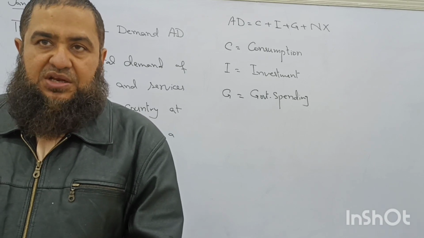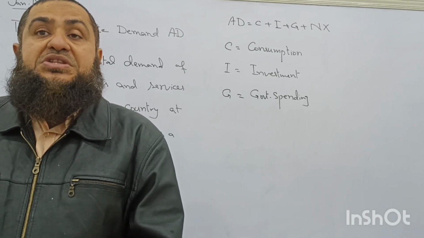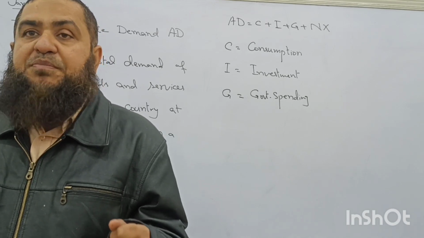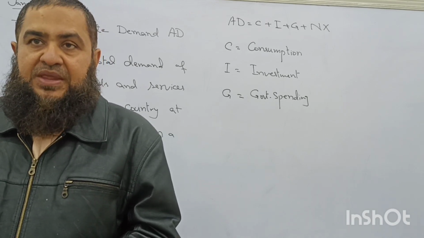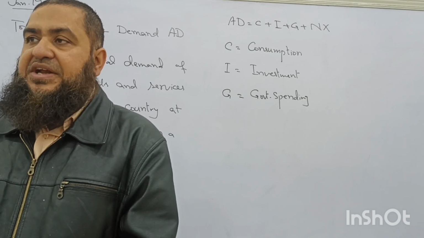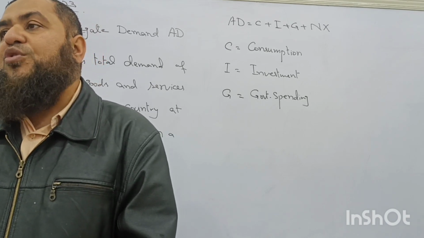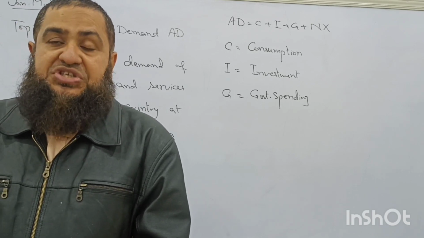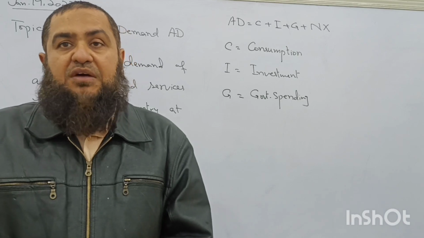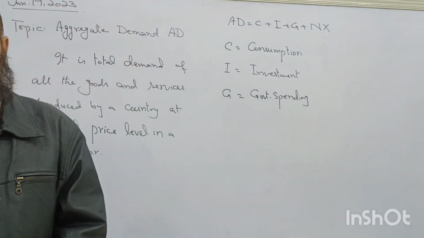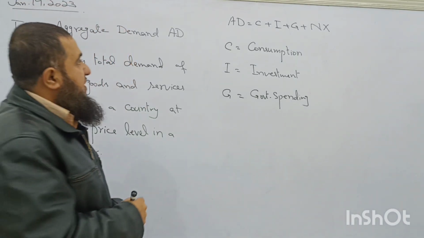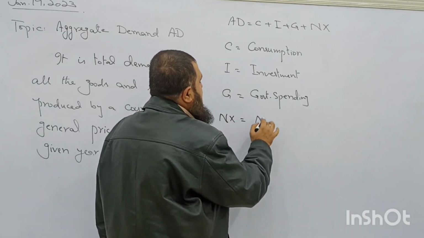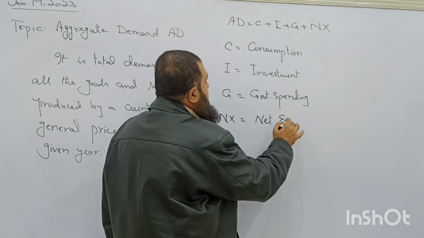These government spendings will create employment opportunities in the economy, and once employment is created, people will demand more goods and services which are available in the market. So G is also part of our aggregate demand or aggregate expenditures, whereas in the case of NX, I said these are net exports.